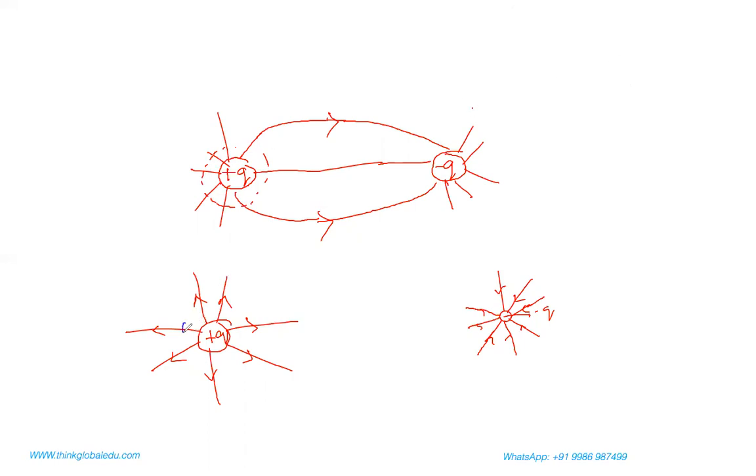As you can see, I'm drawing dotted circles. These dotted circles represent the potential, and the potentials are always drawn perpendicular to the electric field lines. These concentric circles are called equipotentials.